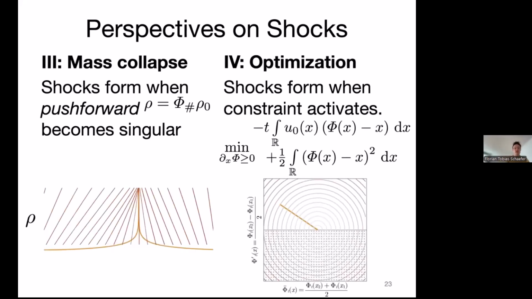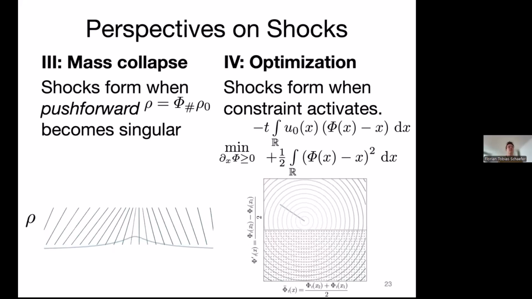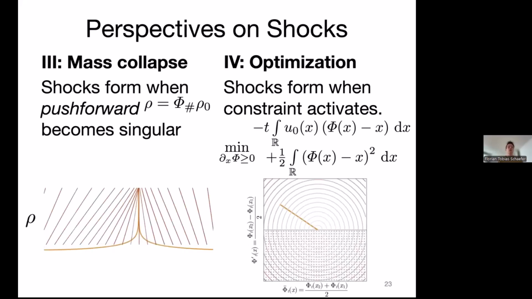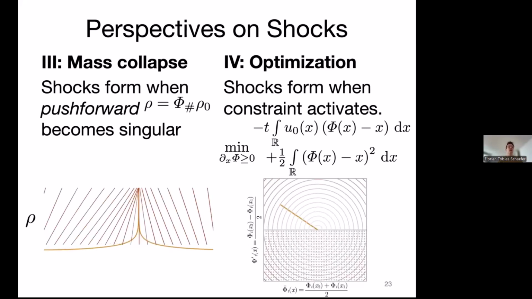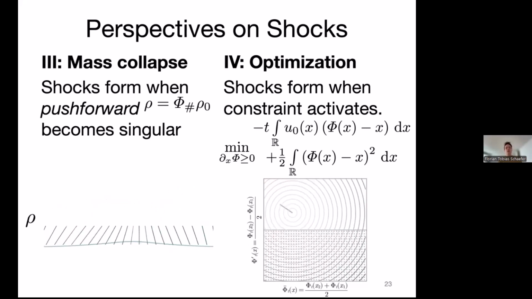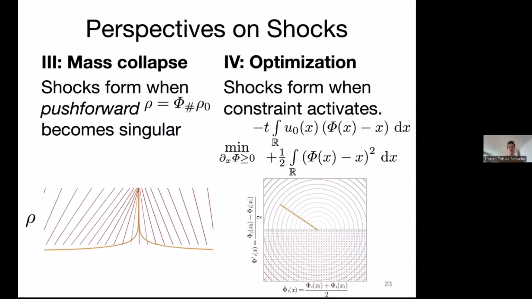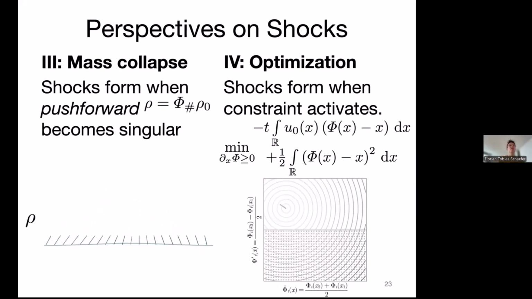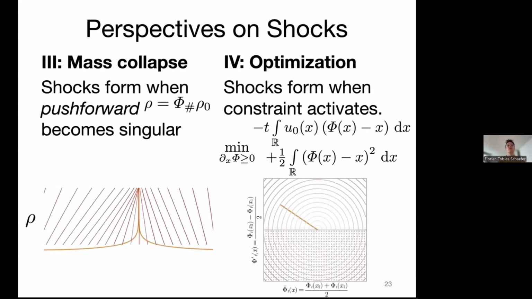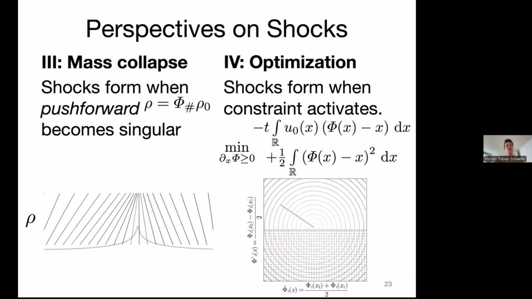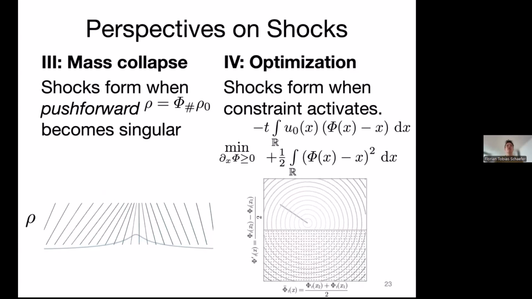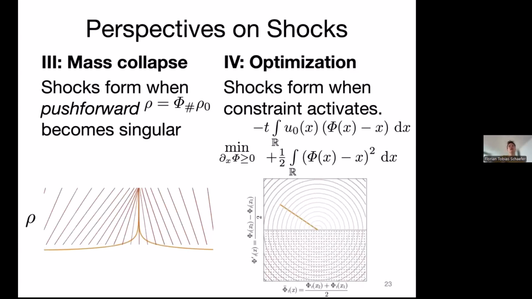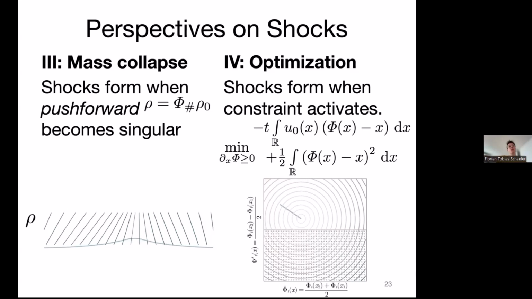And finally, this last form is maybe the least well known, even though it is known in parts of the pressureless Euler community, if you will: we can view shock formation, or even the definition of these deformation maps, through this minimization problem here. So we're minimizing a sum of a linear term, the first term, that rewards our deformation map for transporting particles in the direction of the initial velocity.